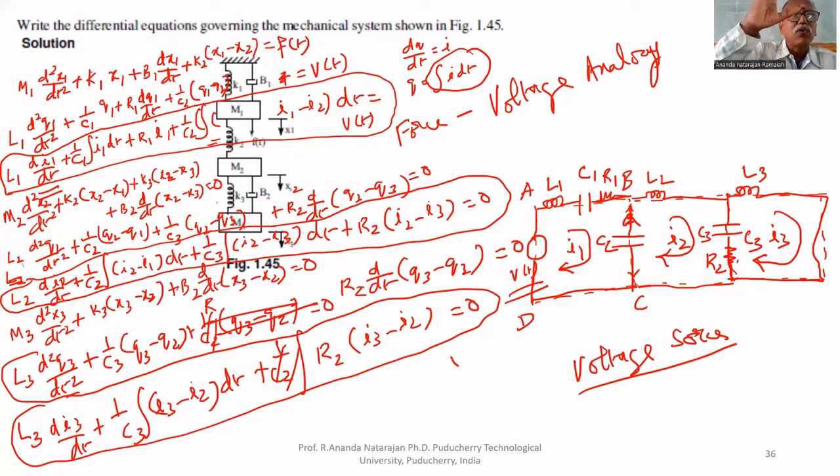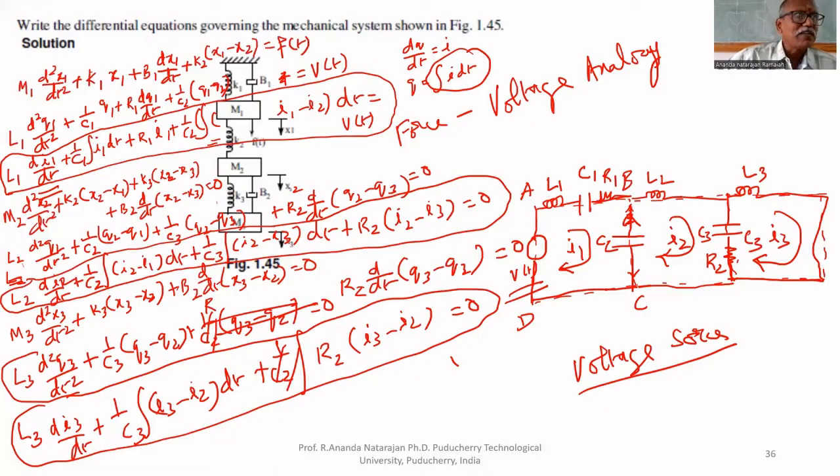Suppose I have a 5 volt ideal voltage source. It means I can take any amount of current from that voltage source and its voltage remains 5 volt. Then it is called an ideal voltage source of 5 volt.